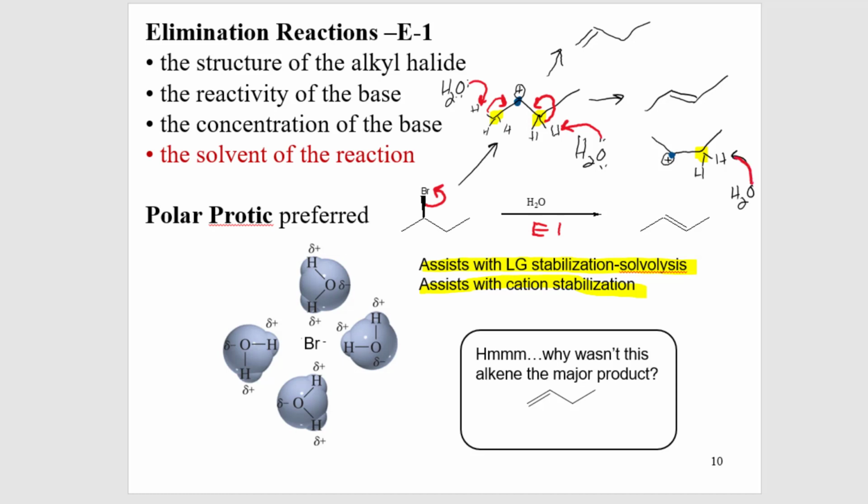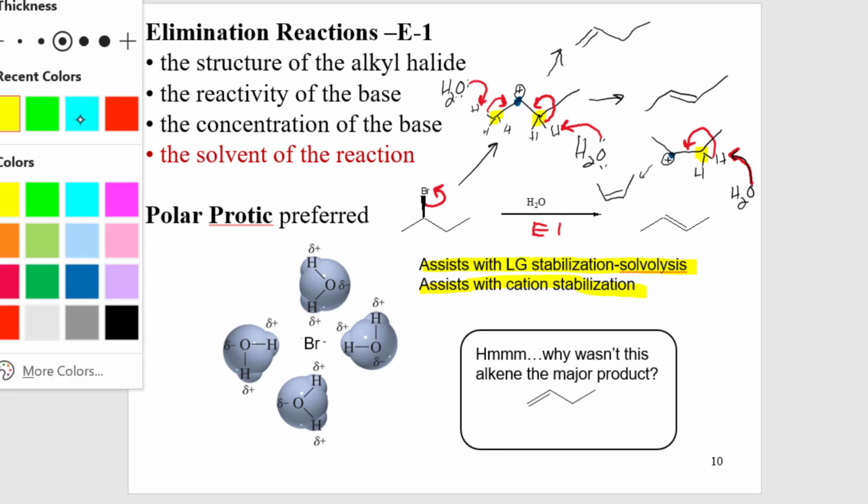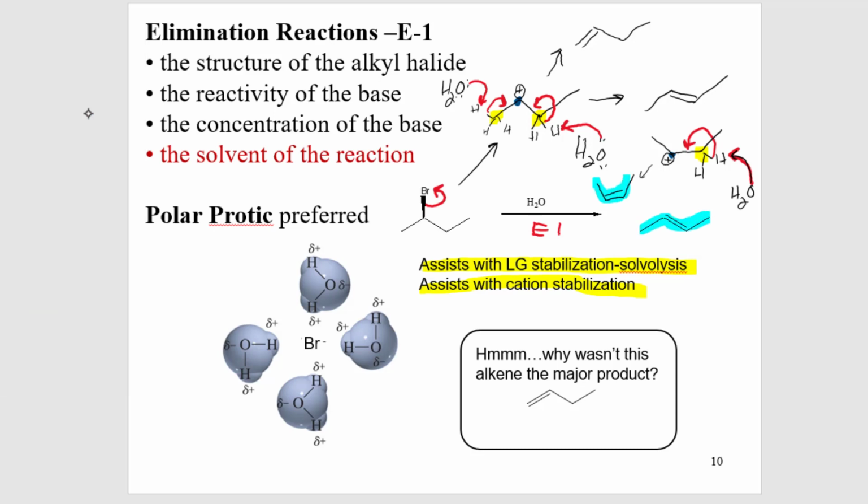So the oxygen grabs the hydrogen, acts like a base, kicks the electrons in. Now I have formed that. So the three possible products for this reaction are all drawn for you in blue. Oh my God, there were three possible products for this E1 reaction.